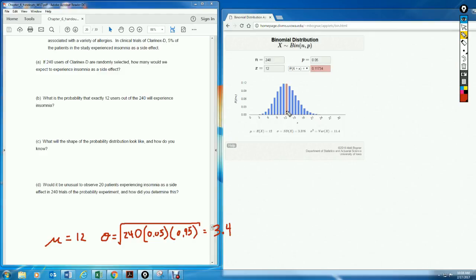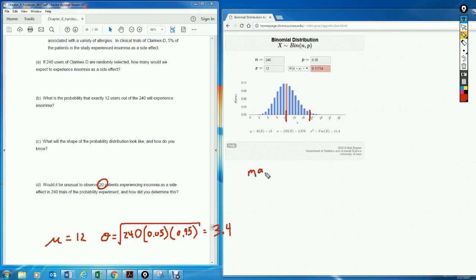We know that our mean is 12, and we are trying to see if 20 is unusual. That's up here. So here's 18, 19, here's 20. So I don't care about the lower end of the curve. I only care what would be the maximum usual.